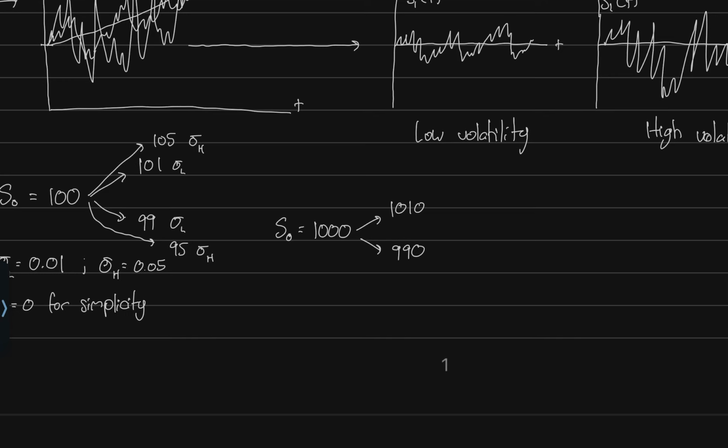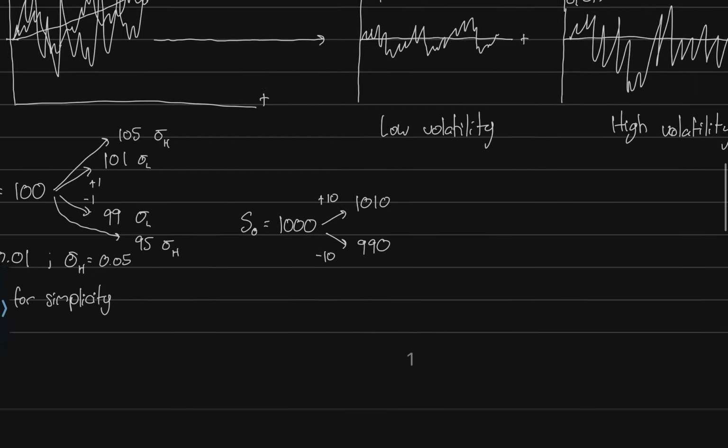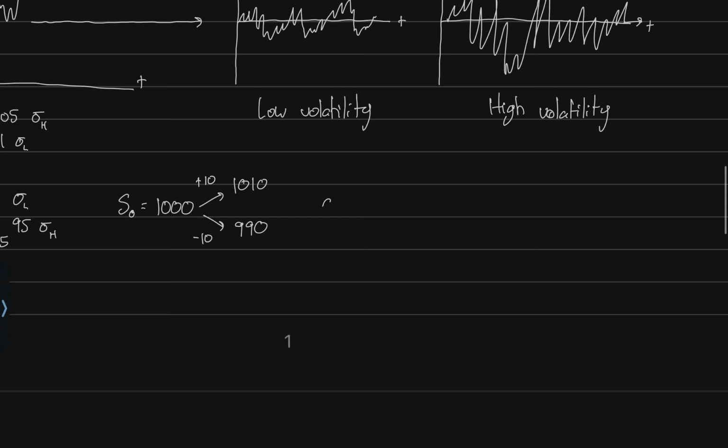So instead of a plus $1 minus $1 difference, there will be a plus $10 and minus $10 difference. So what does this mean? Our volatility is a percent change in the same way mean returns is a percent change.